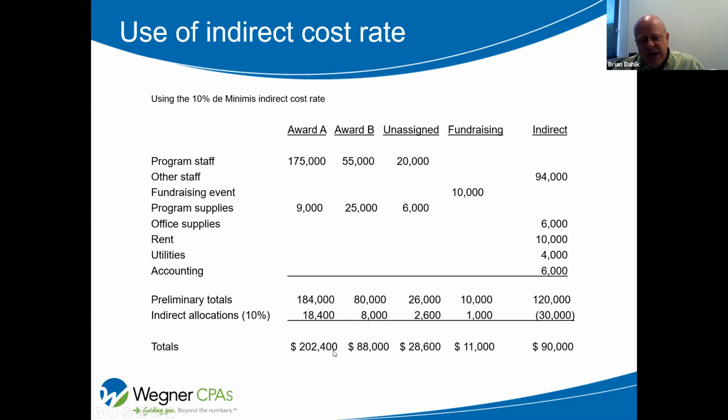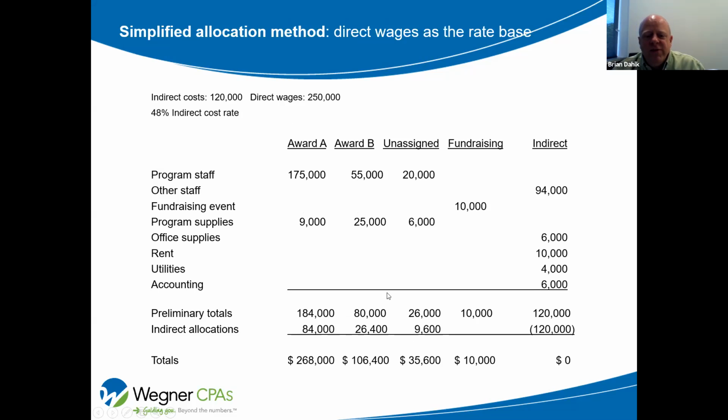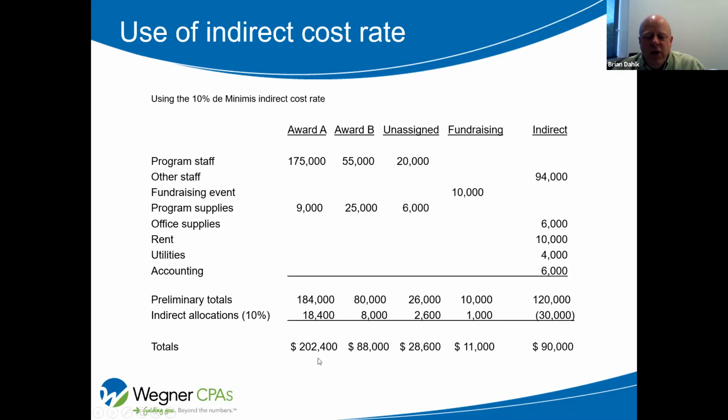In this particular example, the amounts allocated to awards A and B are both lower than what we saw in the other methods. So you actually have a significantly lower amount allocated to both award A and award B. That might be okay.